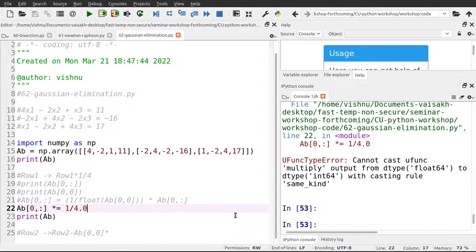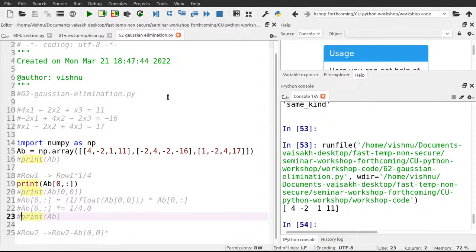Is it working at least directly? That's surprising. And why is it not coming out to be correct? 4 minus 2, 111. That's perfectly fine.